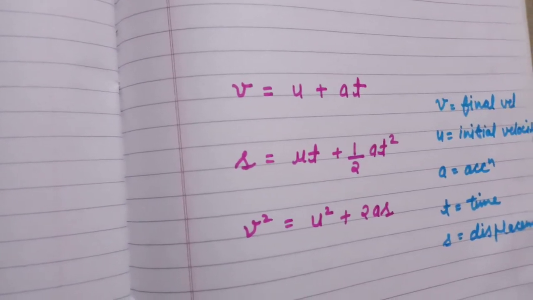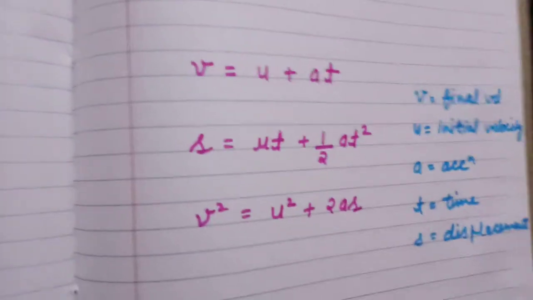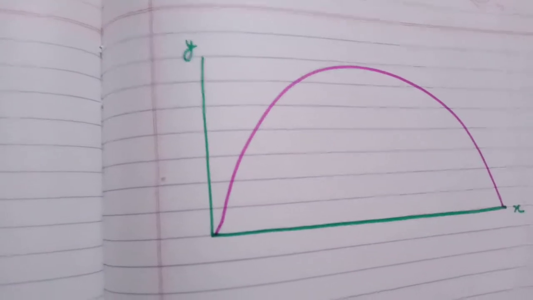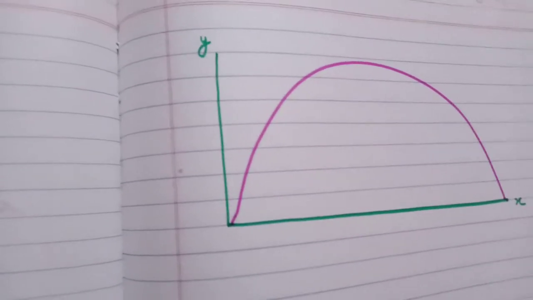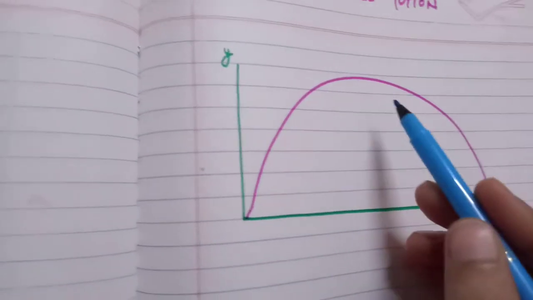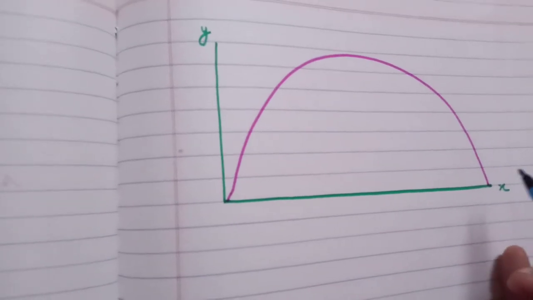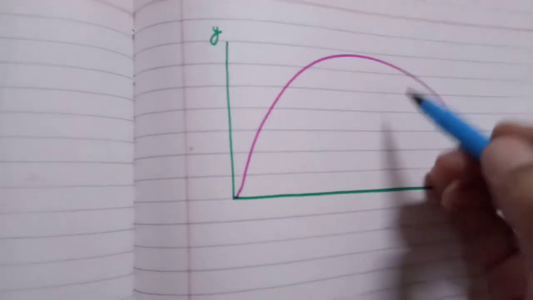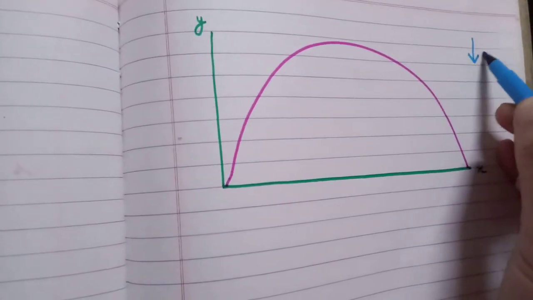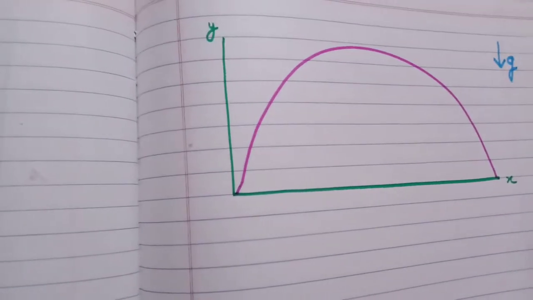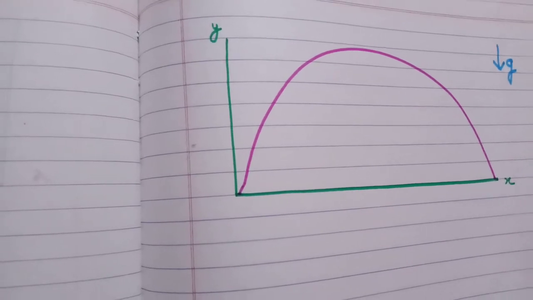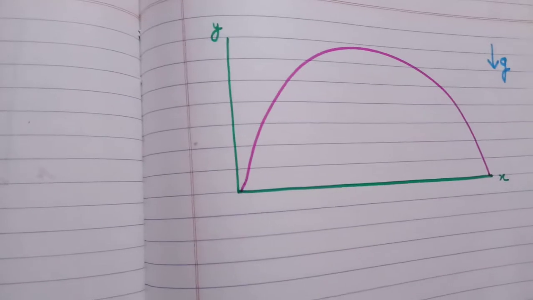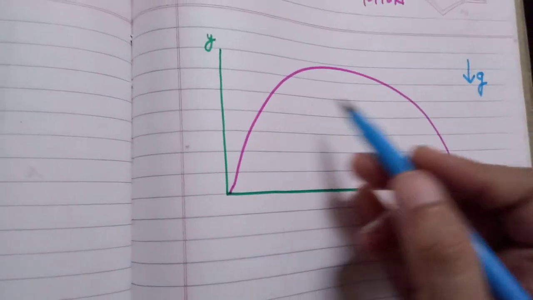Before that, let's learn what is projectile. So a body which is in flight through the atmosphere under the effect of gravity, and is not being propelled by any fuel, is called a projectile, and its motion is called projectile motion.